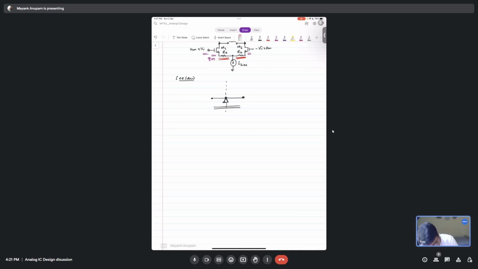Now let's say this fulcrum is not very well put. Two people are again sitting here, but both have different weights. Let's say this is a heavy person and this one has a low weight.